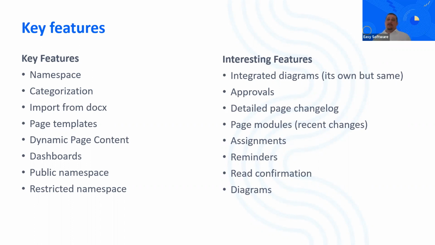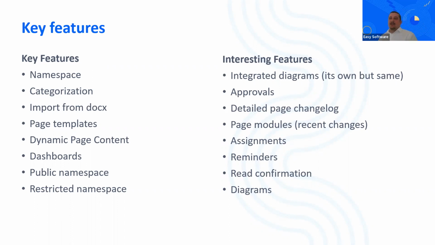And some documentation maybe is public, like some public software documentation, some FAQ for support and similar. And that all is managed through namespaces. So when you are managing your knowledge base, you can naturally categorize your articles in different ways in order to be easy to find, in order to make some nice overview pages and summary pages.